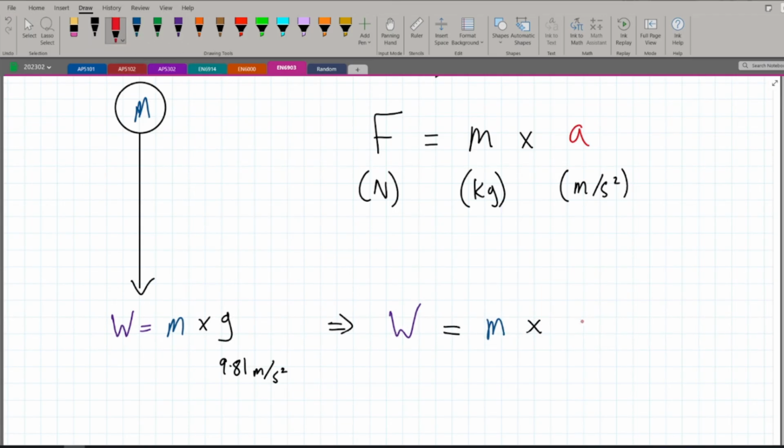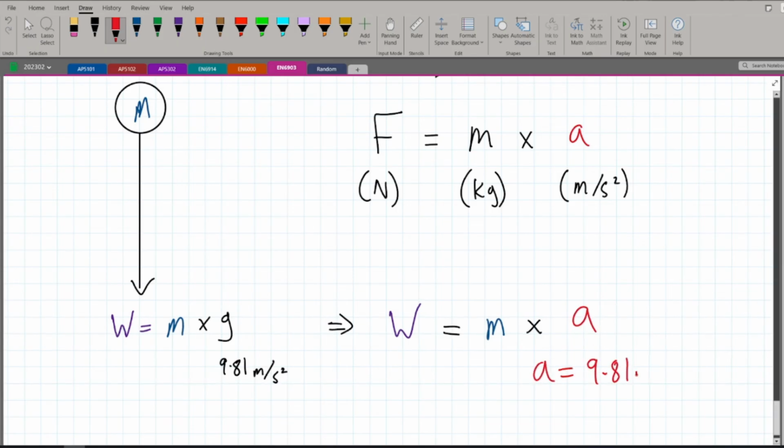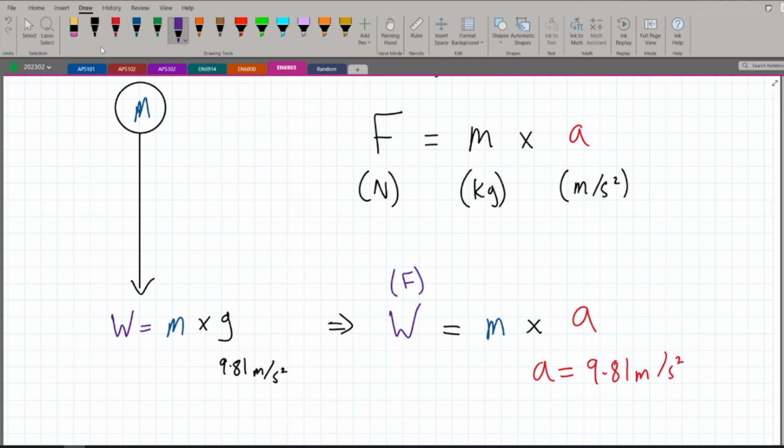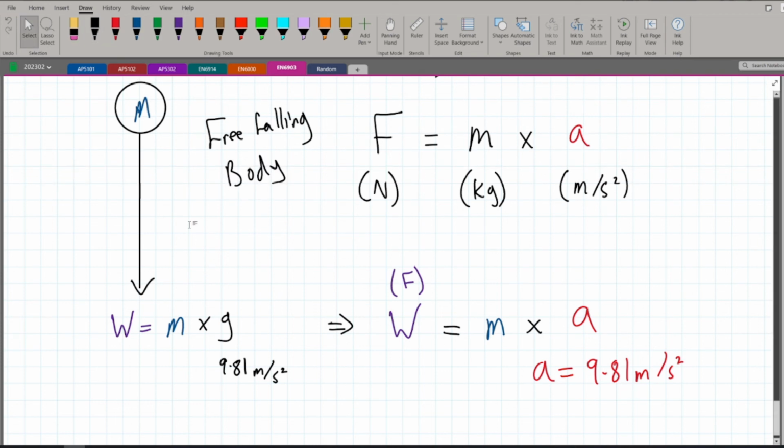The difference here is that in this case we know that acceleration is equal to 9.81 meters per second squared, and W is our force. That's basically it when it comes to a free falling body. Free falling body meaning a body without any other forces up or down acting on it. It is just falling from the sky towards Earth. This is just a general concept that you should already know, but this is how it will be used.